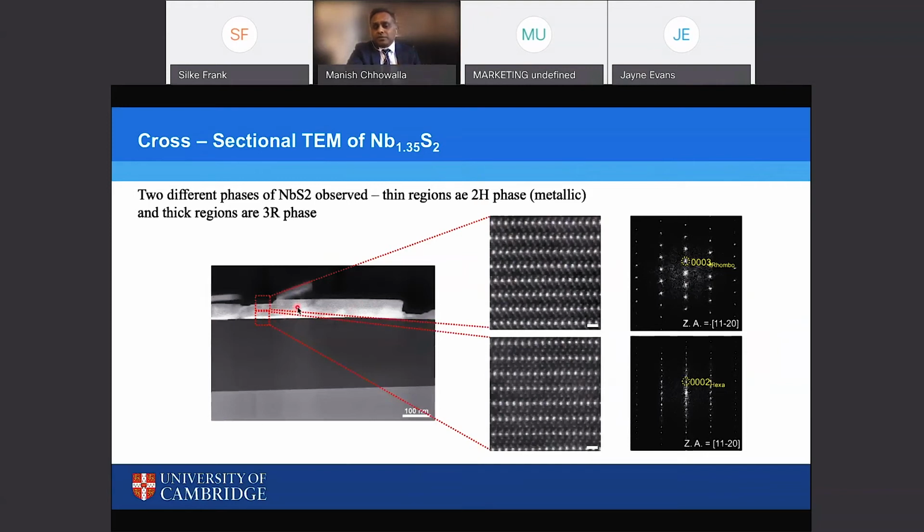As you go to higher thicknesses, we obtain what is referred to as the rhombohedral phase. In our calculations, we found that the metallic 2H phase of this excess niobium disulfide material is better for catalytic performance. The kinetics of growth here are also interesting, but I won't talk about that here.